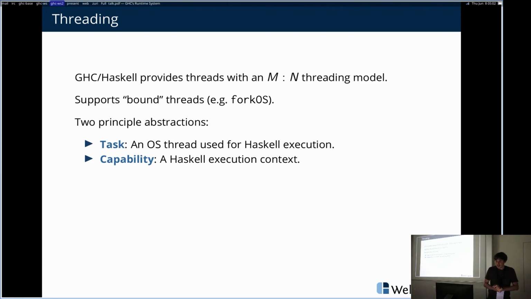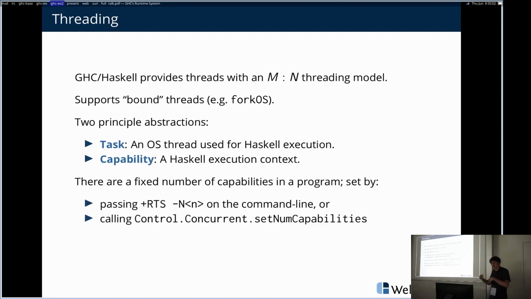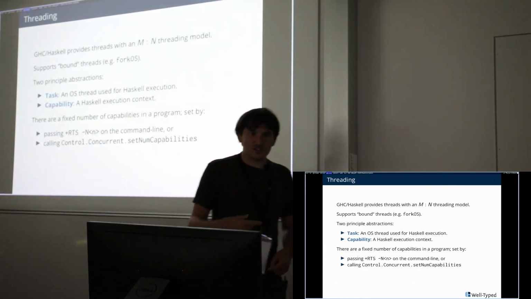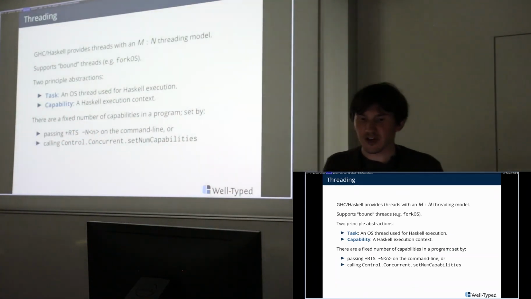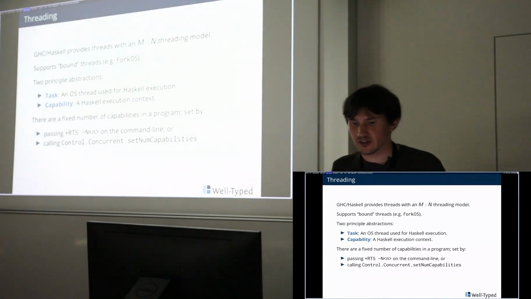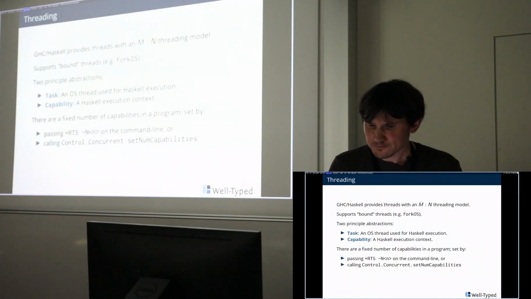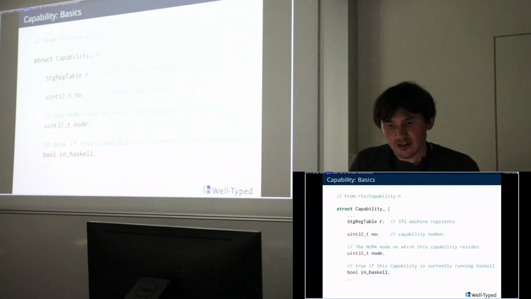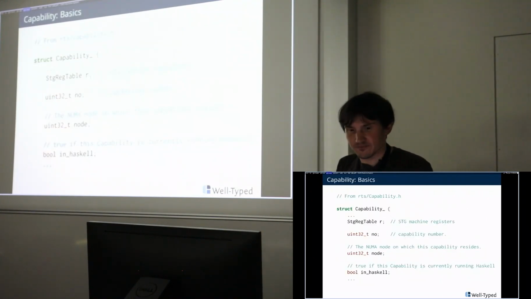The idea here is that we have a fixed number of capabilities in our program. This is what you're setting when you set -N or set num capabilities, essentially setting the concurrency level of the program, how many Haskell threads we can run concurrently. And this is bounding concurrency.